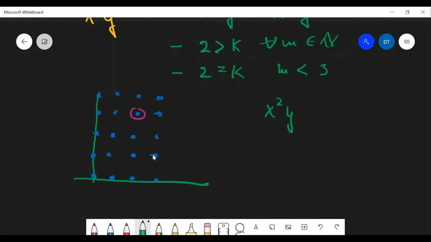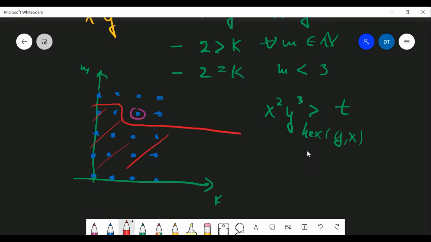If I take x squared y cubed, and I want to describe all monomials with respect to the lexicographical ordering where y is higher than x. This is k, and this is m. Can you describe what the monomials are here with respect to the other order? Well, the first 3 rows, right? Yes, exactly. So it works symmetrically.